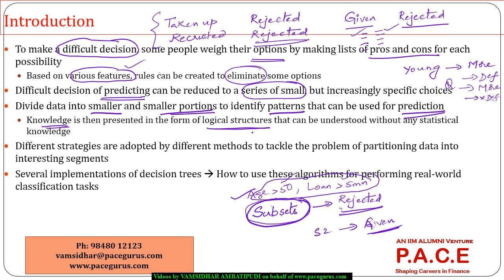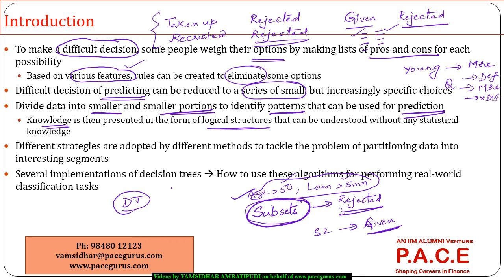We are understanding all the rules and logics in terms of simple greater than, less than, equal to kinds of associations. Identifying all this process comes under the decision tree process.